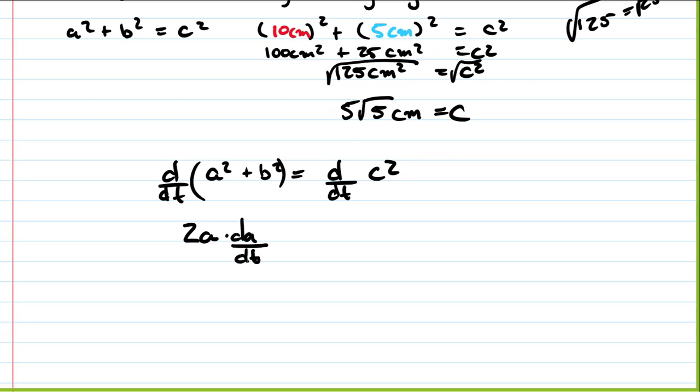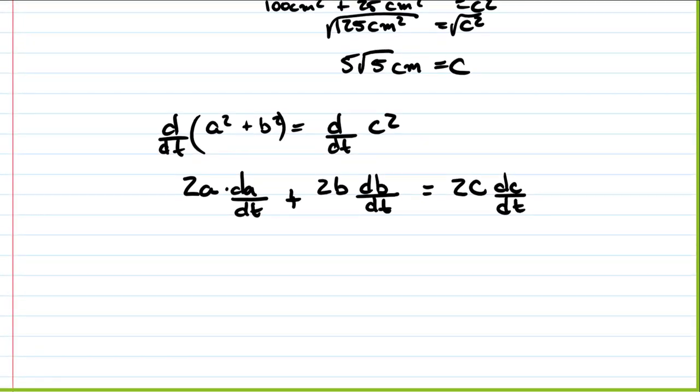a dA dt, or an a prime, plus when we differentiate b with respect to time, we get a 2b times dB dt is equal to the derivative of c squared, which is going to be 2c times dc dt. And the quantity that we want is dc dt.